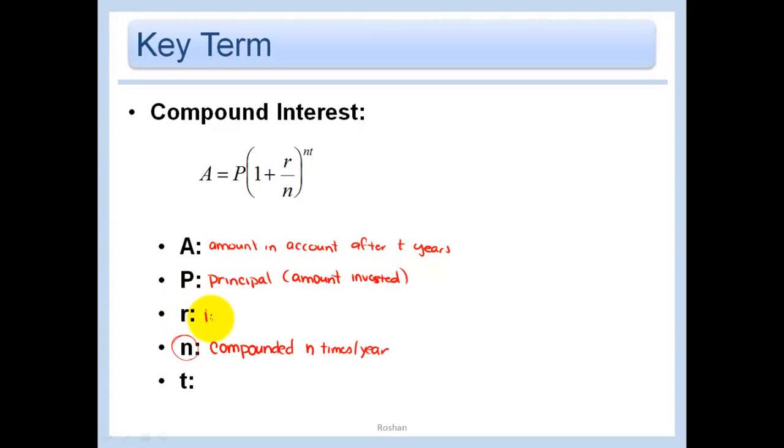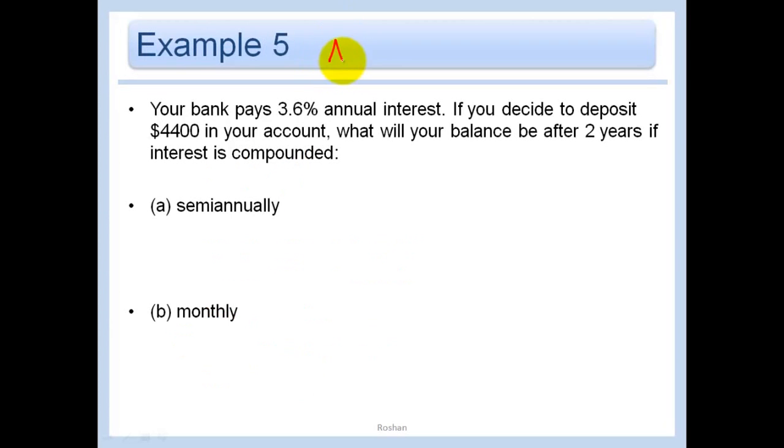R is the initial rate. Of course, we want to put this as a decimal, just like we did in the last example. And T is just your time in years. So the best thing to do is to apply this. Remember, we have A equals P times 1 plus R over N to the NT.